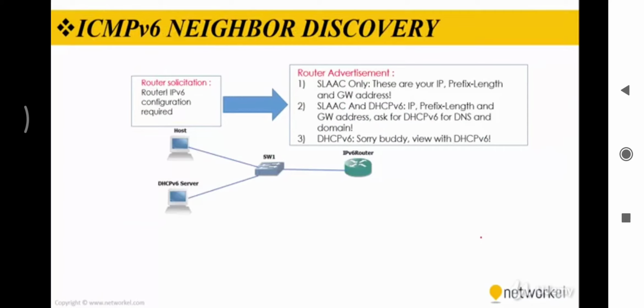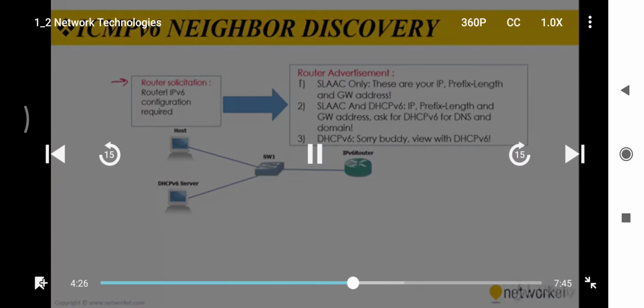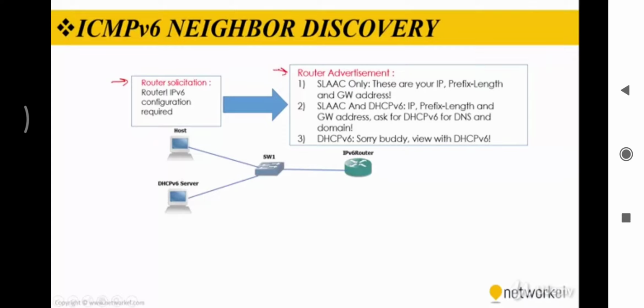And let's take a look at the ICMP version 6 neighbor discovery. We have a few message types here, and the first one is the router solicitation, and the second is the router advertisement.